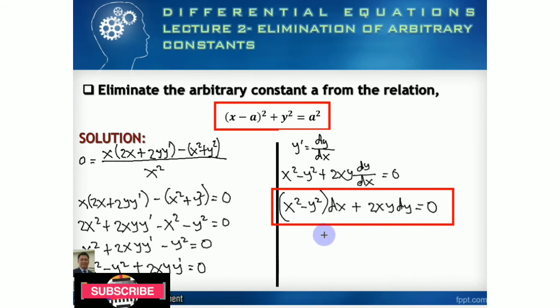So x squared minus y squared quantity dx plus 2xy dy is equal now to 0.